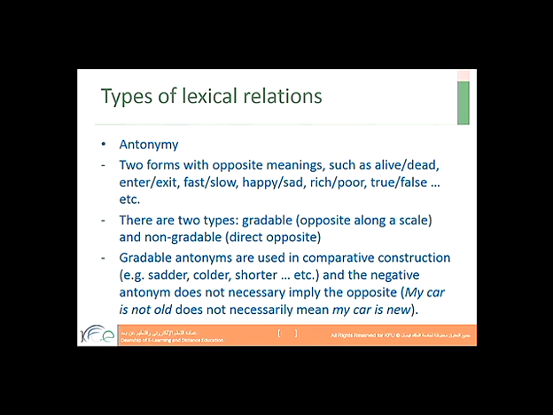Gradable antonyms are used in comparative constructions, such as sadder, richer, colder, or shorter. And the negative of a gradable antonym doesn't necessarily imply the opposite. For example, when I say my car is not old, this doesn't necessarily imply that my car is new. In other words, we can use comparative construction with it.